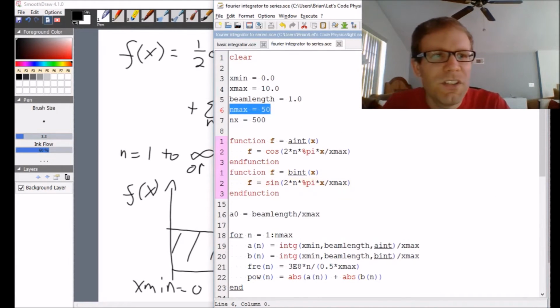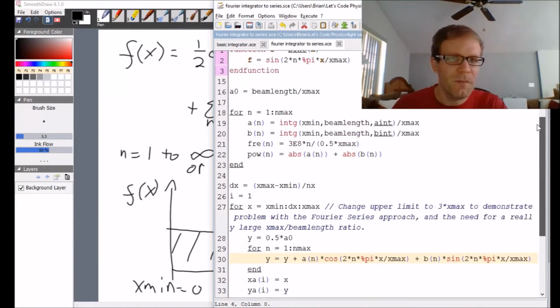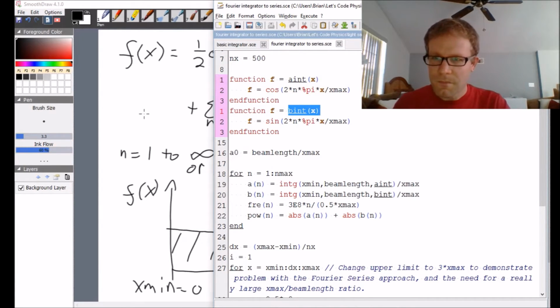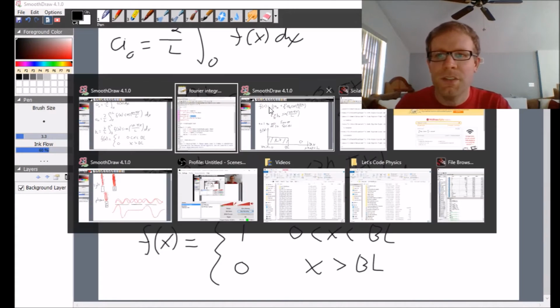So we look at our functions to integrate. We took a look at the general way to structure this last time. We need to define some external functions. So I've defined an A integral and a B integral. So again, this is just going back to here. The A is given in terms of the cosine. This thing is going to be 1 when we're actually integrating it.